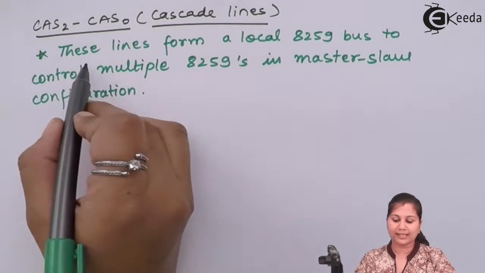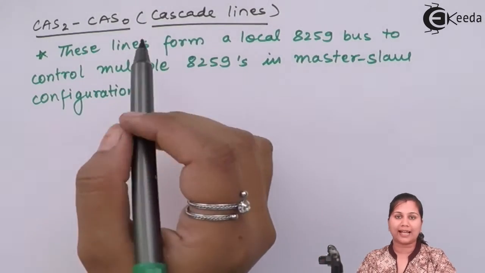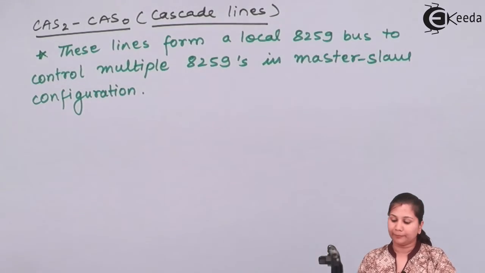Because the ICs are connected in a series with each other, they are cascaded, and that is why these lines are known as the cascade lines. These lines form a local bus to control the multiple 8259s in the master slave configuration.